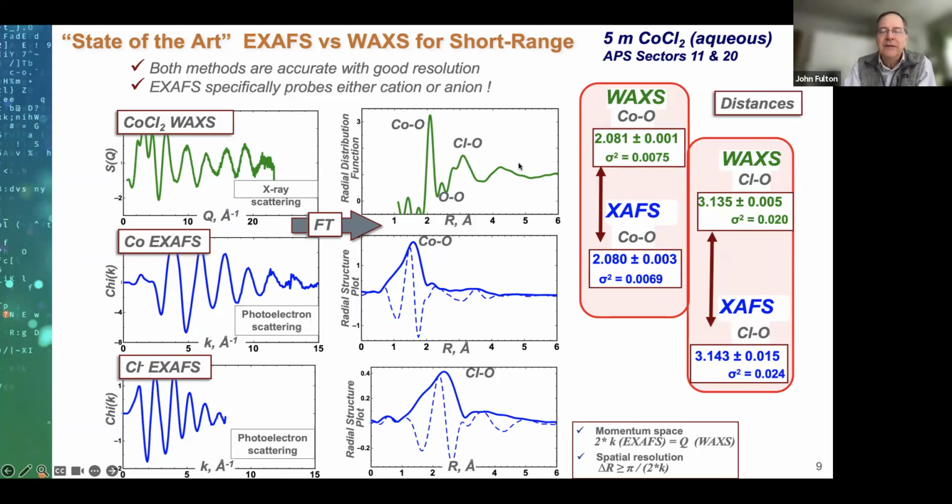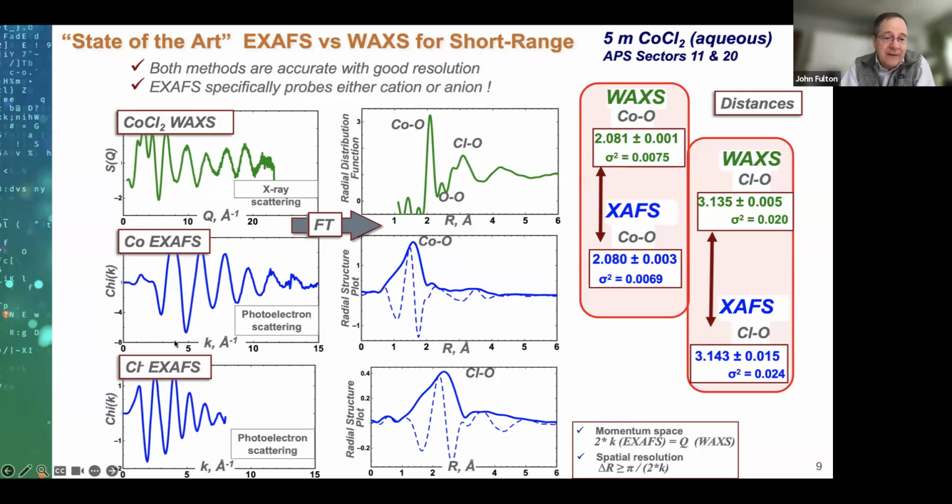The other problem with wide-angle X-ray scattering is that you're looking at the contribution of all the different partials in the radial distribution function. That's a problem because the water-water structure often interferes with your interpretation of the position and the assignment of these peaks.